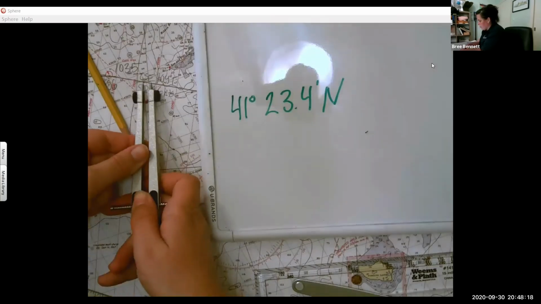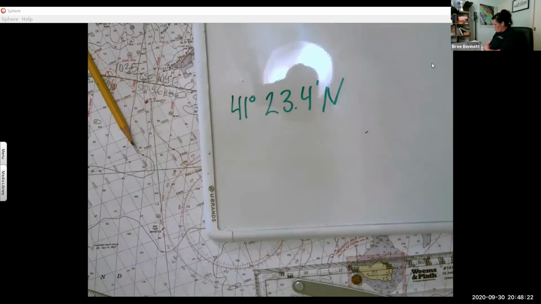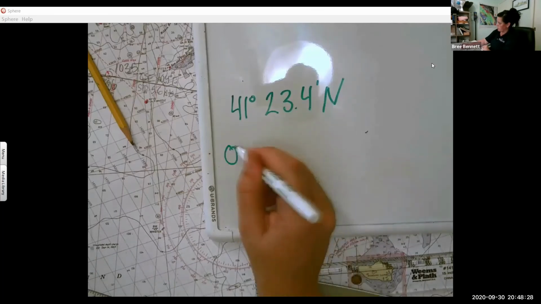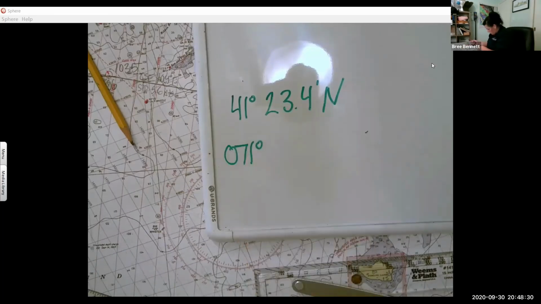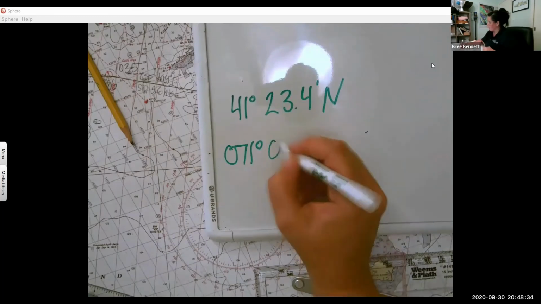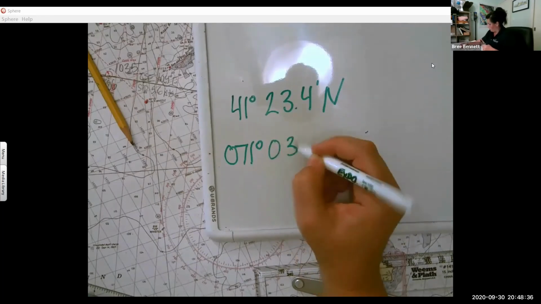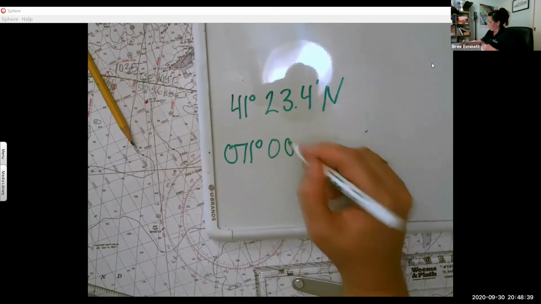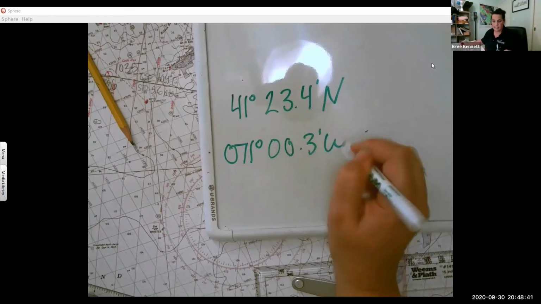I'm just right past the 71 longitude. So I have 071 and 0.3 minutes west.